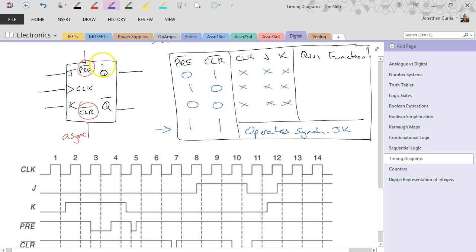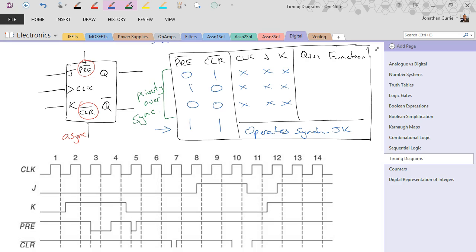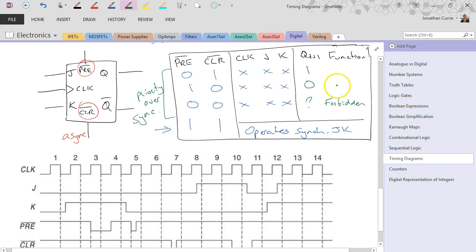But if any of the asynchronous inputs are active, so anywhere we see zeros at the moment, then regardless of what the synchronous inputs are doing, JK or the clock, the operation is going to change. These ones actually have priority over the synchronous inputs. So our preset when active, our clear when active, and we also have, back to a forbidden state. We can't preset and clear at the same time.